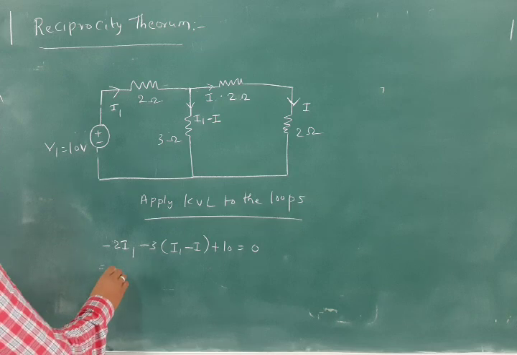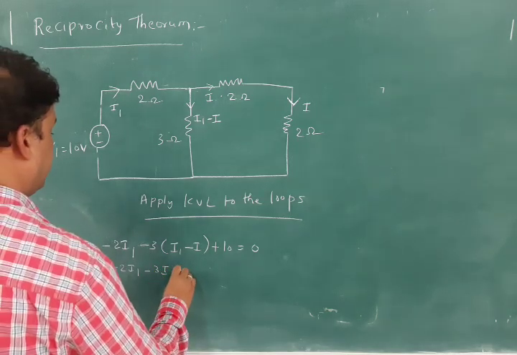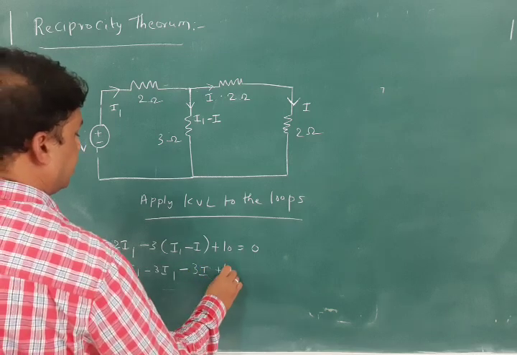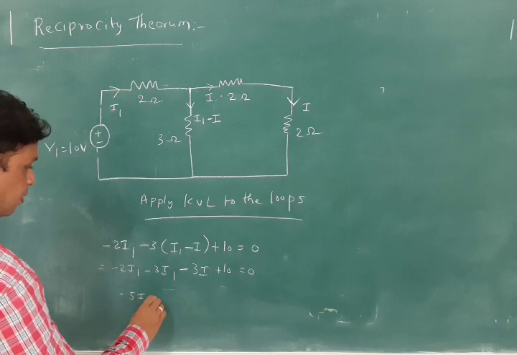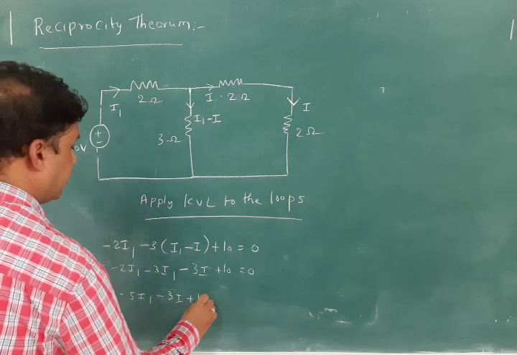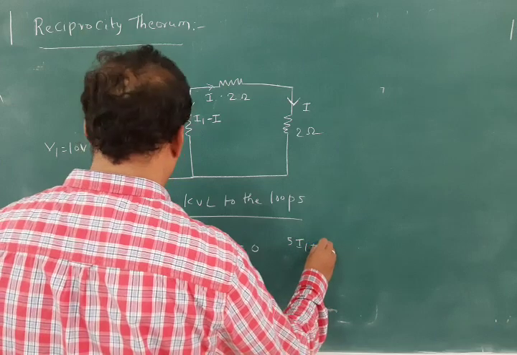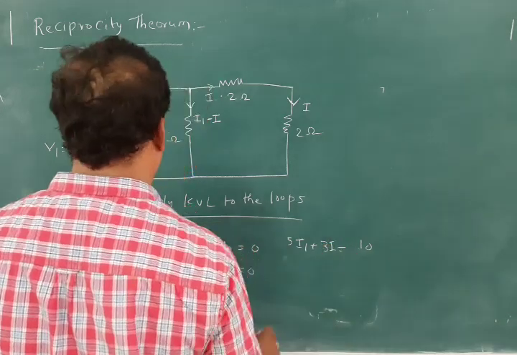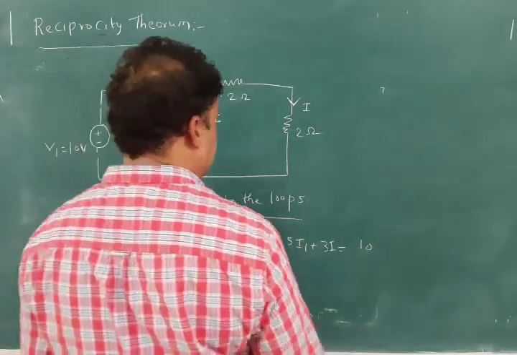That is minus 2I1 minus 3I1 plus 3I plus 10 is equal to 0, so minus 5I1 plus 3I plus 10 is equal to 0, and we can write 5I1 minus 3I is equal to 10.